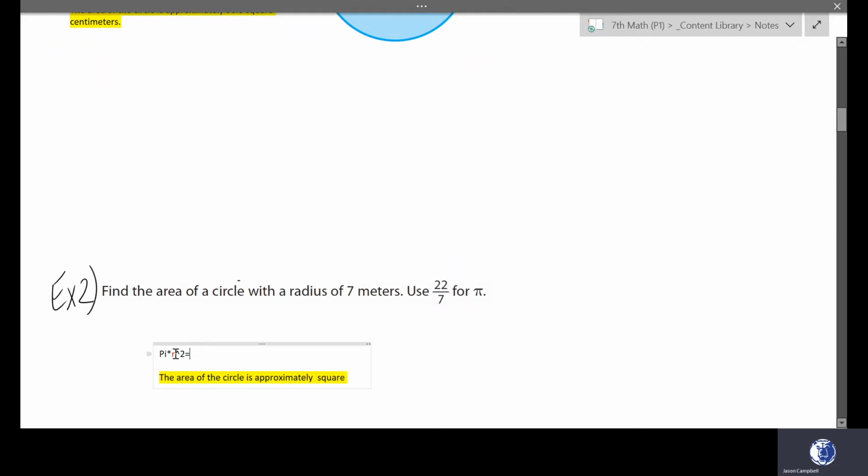Okay, so now I have my formula copied again. My radius was 7, and a radius of 7 gives me an area of 154. So I'm going to say the area of the circle is approximately 154 square meters. If you round into the tenths place, you can do 153.9. Both of those are correct.